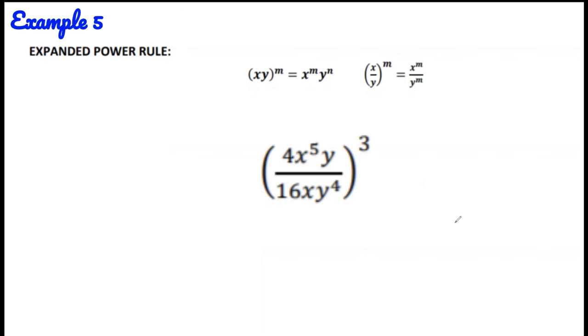What do I mean? I mean that I'm going to simplify what I have in here first. So I have 4x to the power of 5, y to the power of 1, over 16 times x to the power of 1, and y to the power of 4, all raised to the power of 3.